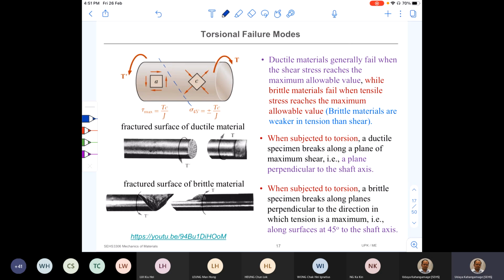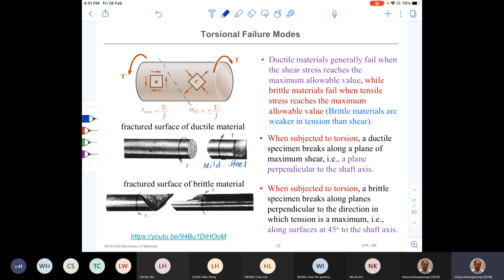The failure behavior is going to be different depending on the material properties. Ductile materials like mild steel normally fail because of the maximum shear stress. If the maximum shear stress reaches the yield shear stress, they fail.